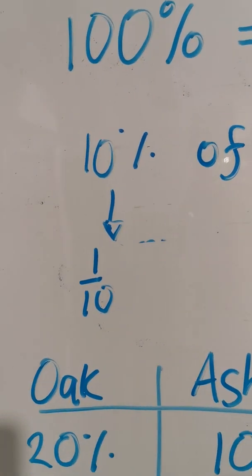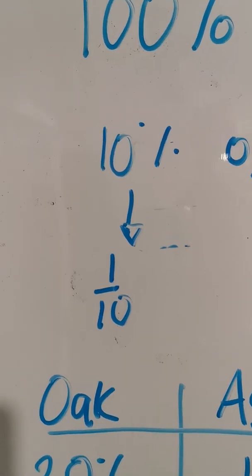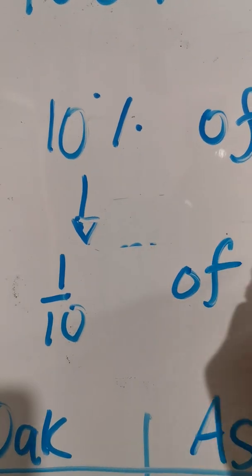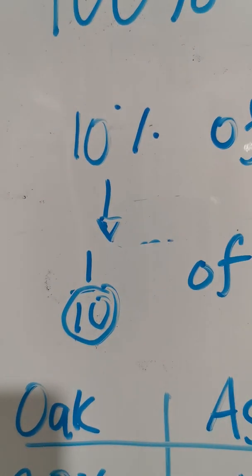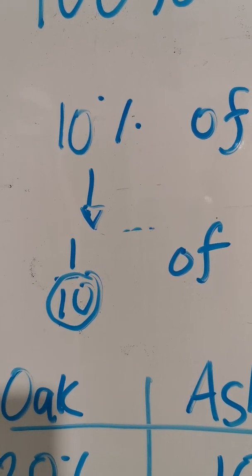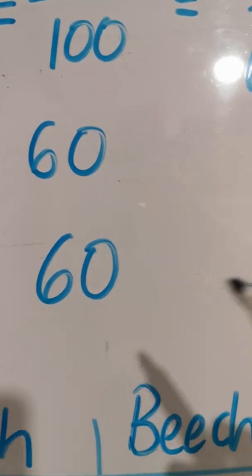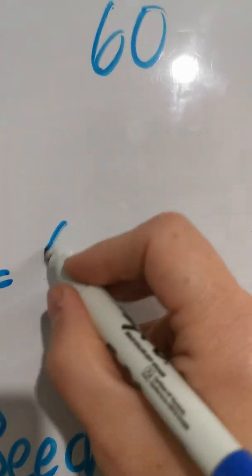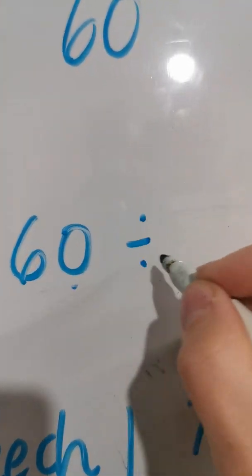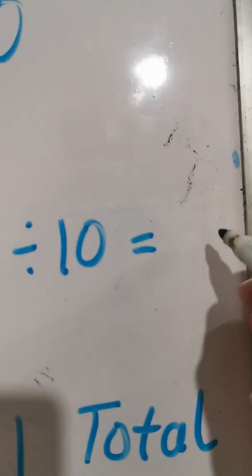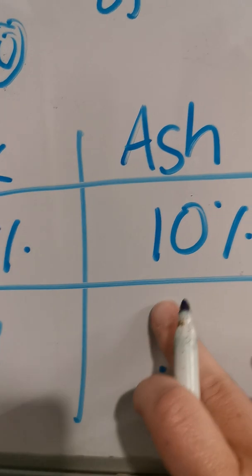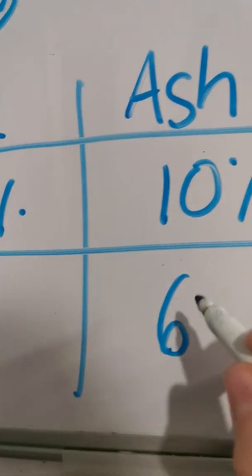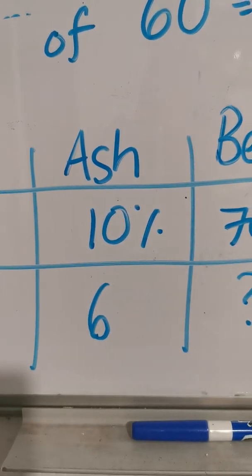Now if we remember right back to when you were in school, to find fractions of numbers, we divide by the denominator and then multiply the numerator. So 1/10 of 60 is going to be the same as 60 divided by 10, which is, yep, that's right, 6. So I can now put 6 under ash trees.